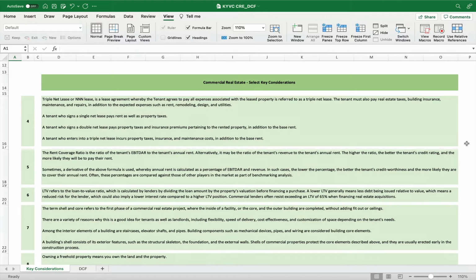The second concept we want to discuss is something called the rent coverage ratio. So if you were to put yourself in the position of the buyer or the investor of a commercial real estate property, you are effectively taking a position on the creditworthiness of the entity that is selling you its real estate, especially if it's in trouble and the reason it is selling you its real estate is so that it could raise funds because it's unable to raise funds from the bank or from investors.